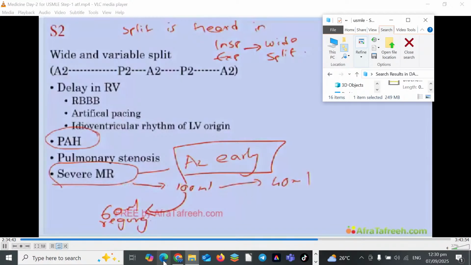It gets shut because it had only 40 ml to eject out. But the pulmonary is normal, so it will keep ejecting whatever blood it has. So it would be a wide split. And during inspiration, excess blood can get into the right side, and it would be a wide and variable split. Are we clear with the wide and variable splitting?